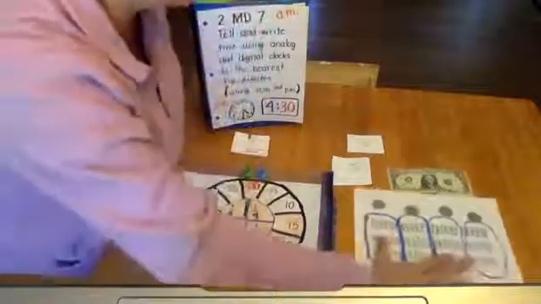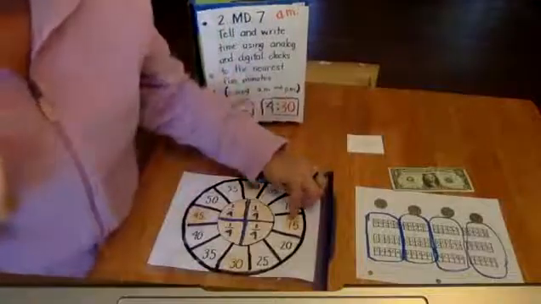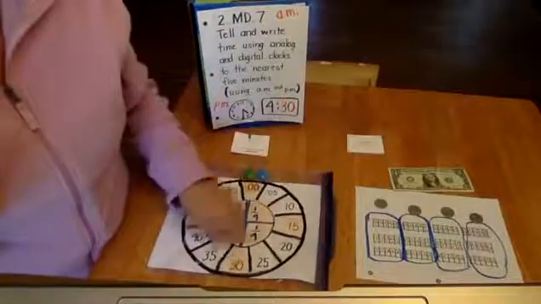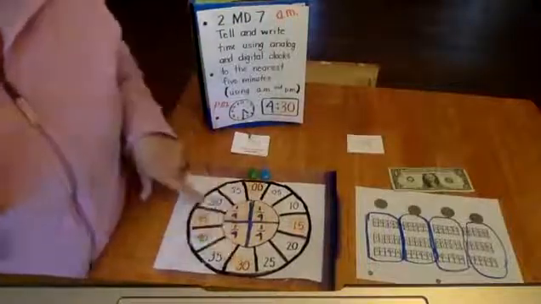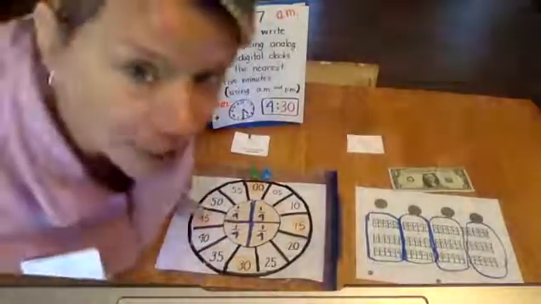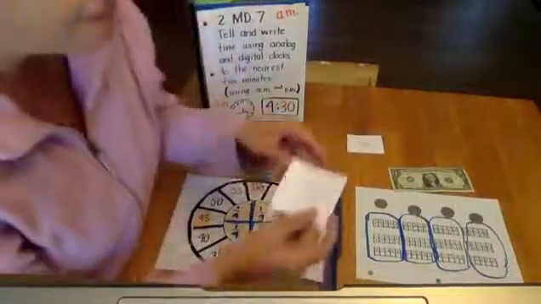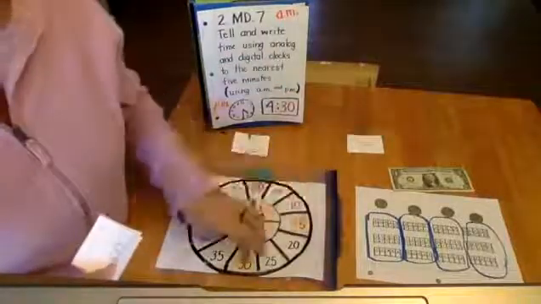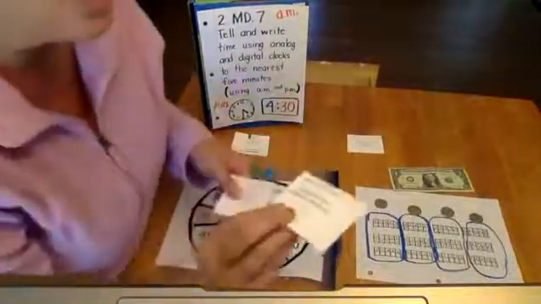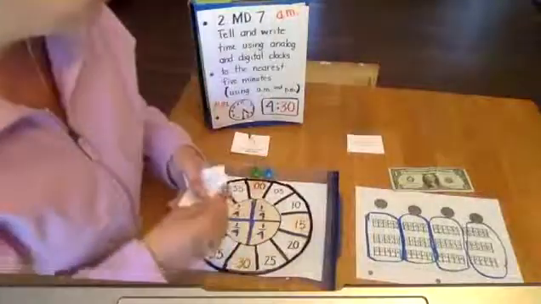If you land on a quarter hour card, which is 15 minutes, 15 minutes is 1 quarter, 30 minutes is 2 quarters, 45 minutes is 3 quarters, and 00 is the 4th quarter. So if you land on one of the orange ones, the 15, 30, 45, 00, you get to choose one of these, answer the question, and then you get extra moves.